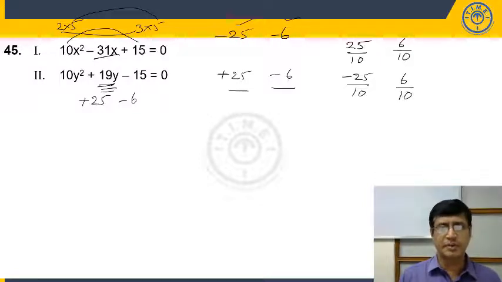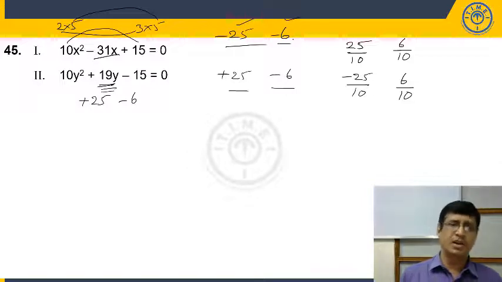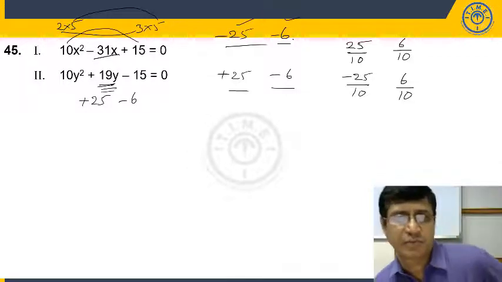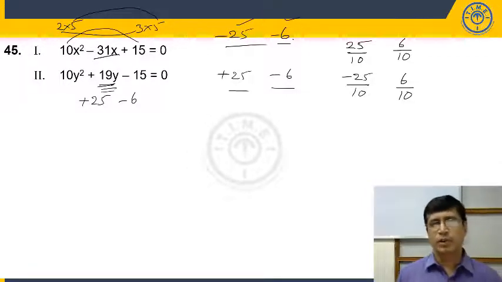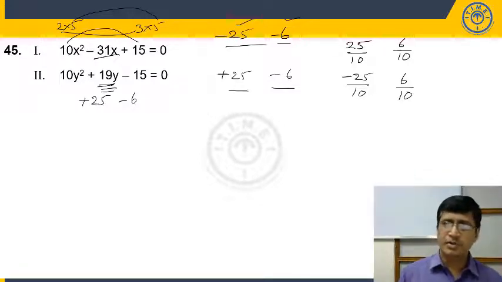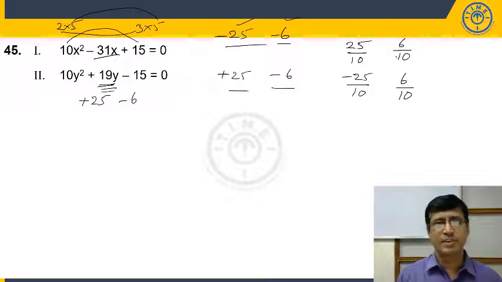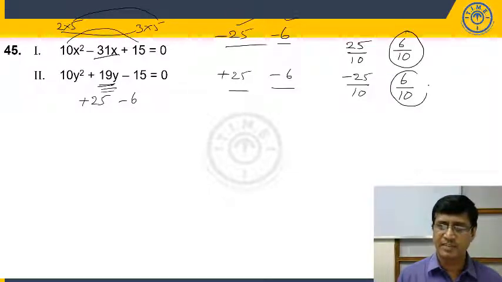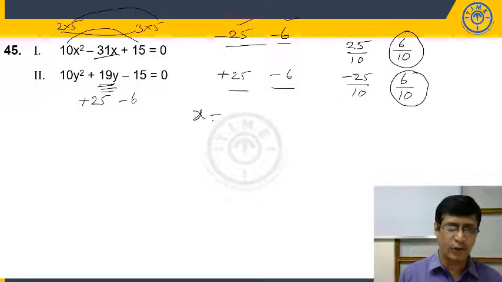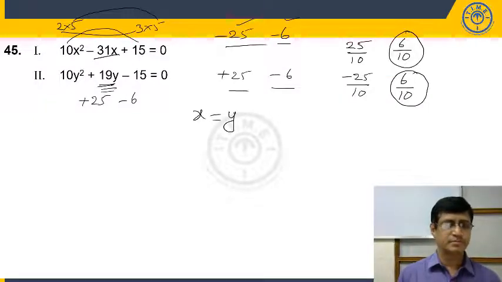You need to take the same numbers with opposite signs and divide with the coefficient of x square and y square respectively. Now just a comparison of how these are related. If you observe, bases are same in all these four values, 6 by 10 and 6 by 10. Both are same, means x and y are equal.